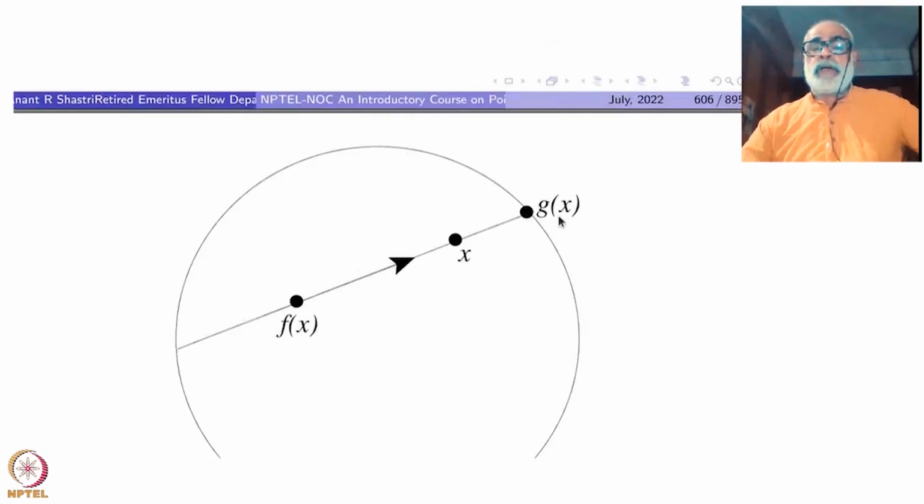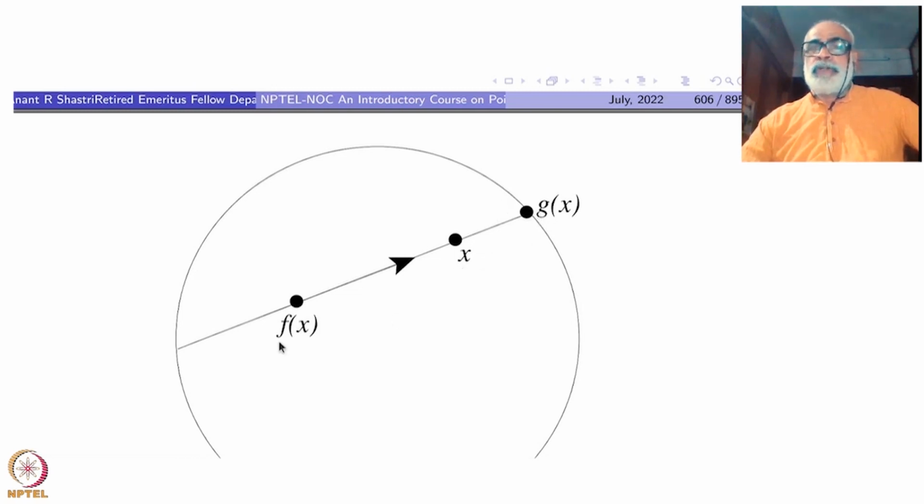So here is a picture, and the proof is completed for many people. Fx is here, x is here. I am extending it from fx towards x, and hit G. By chance, if x is already on the boundary, then gx is equal to x.